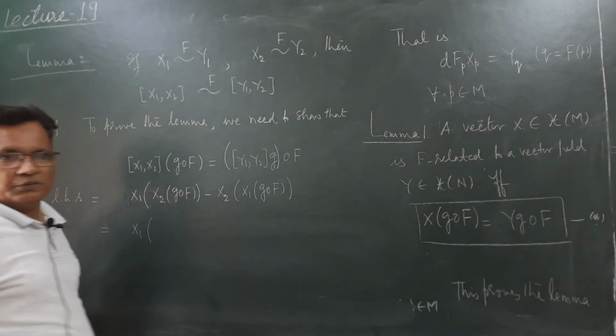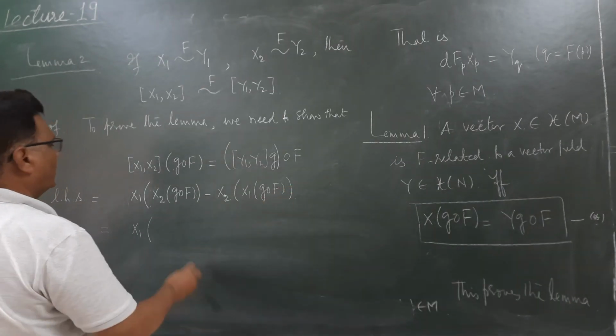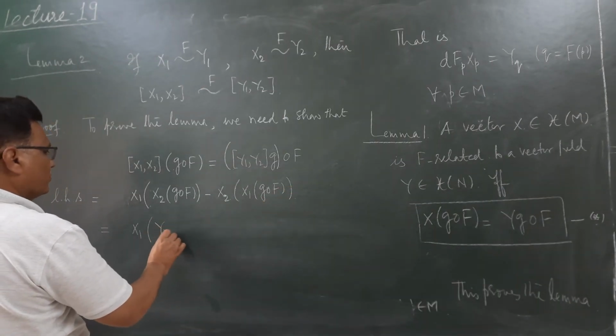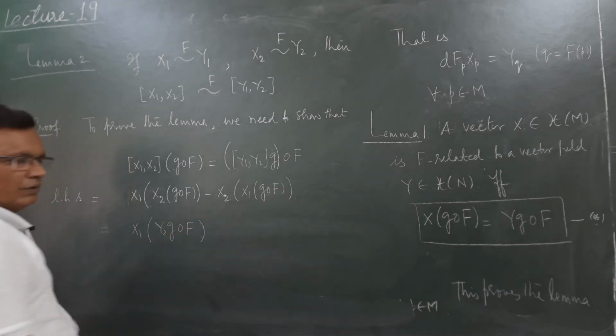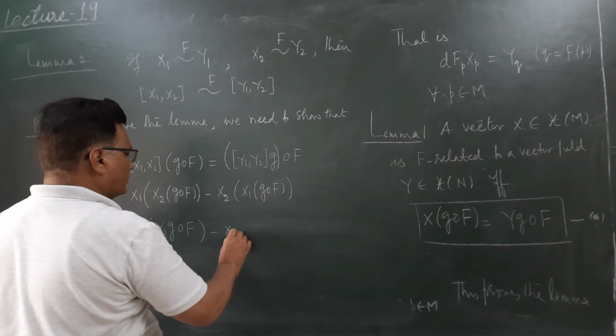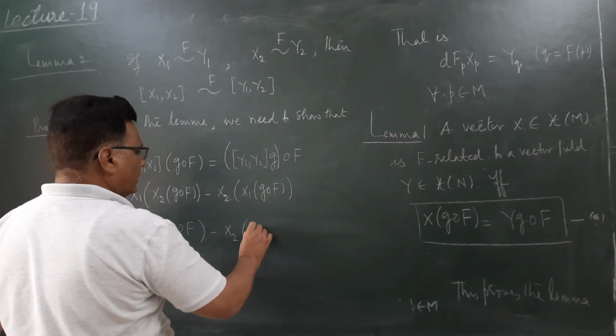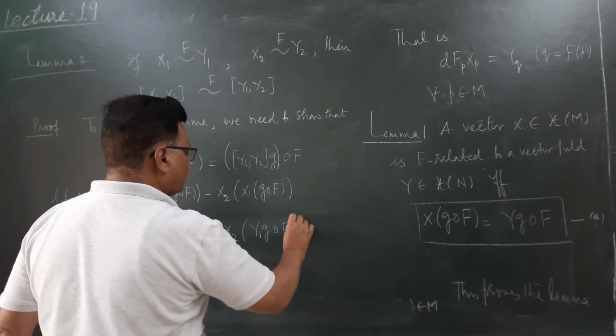Make use of this information. According to lemma 1, it must be the same as y2 G composition F. Same thing over here, x2 x1 means y1 G composition F.